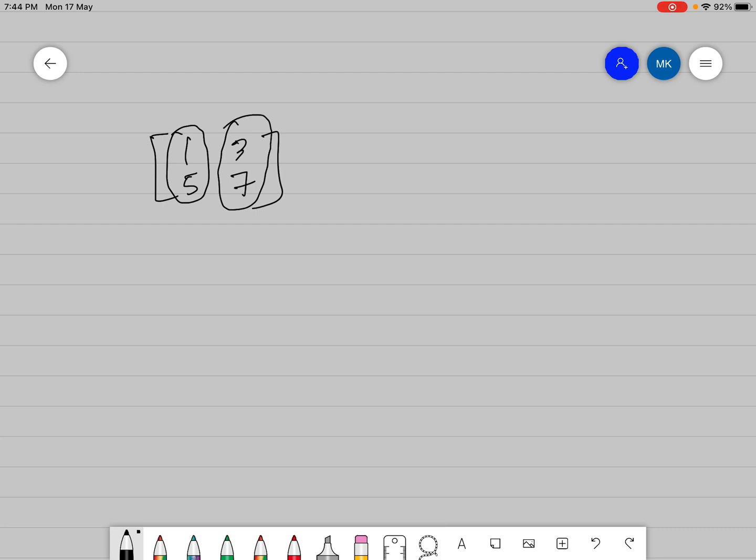So this does some stretching or squeezing on this space.